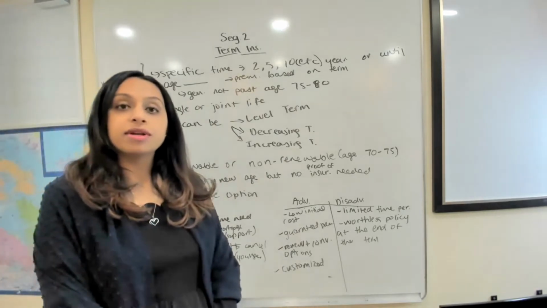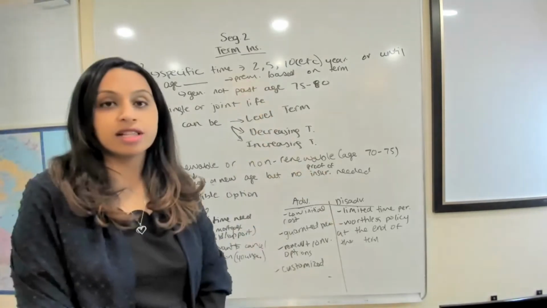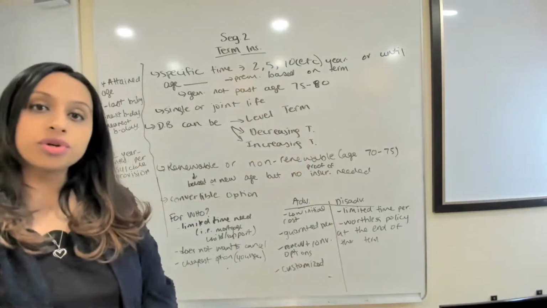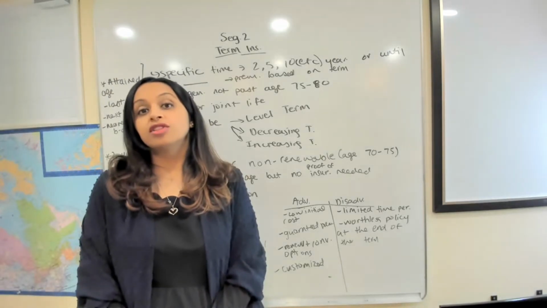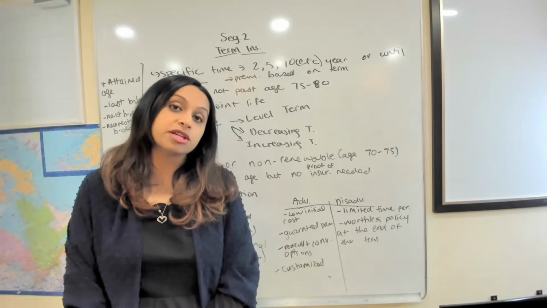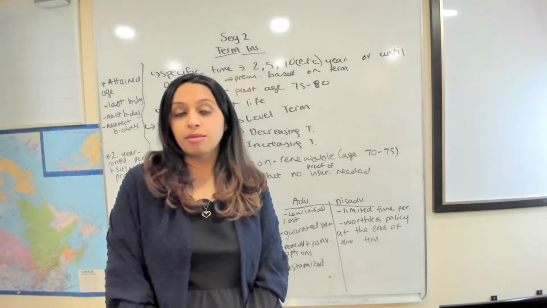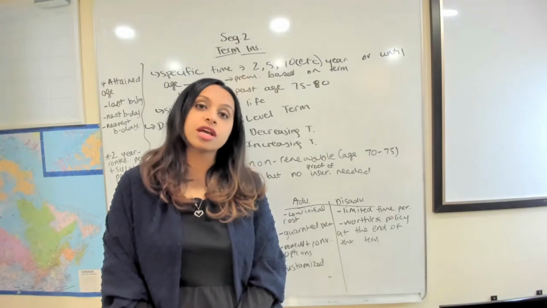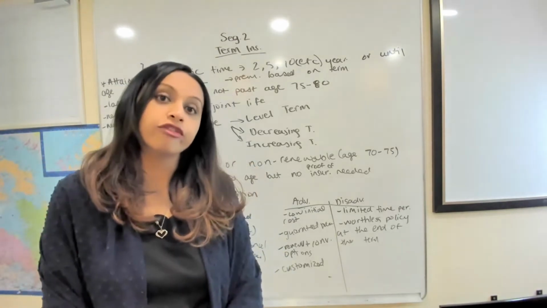And why this is important, because the premium is going to be highly based on the term that you've selected. So if you selected a shorter term, then your premium will be cheaper. Now, term insurance is already the cheapest type of insurance, especially if the person is younger, because the risk of death at that point is less. So the insurance company is going to charge you based on how much risk they are taking for you.